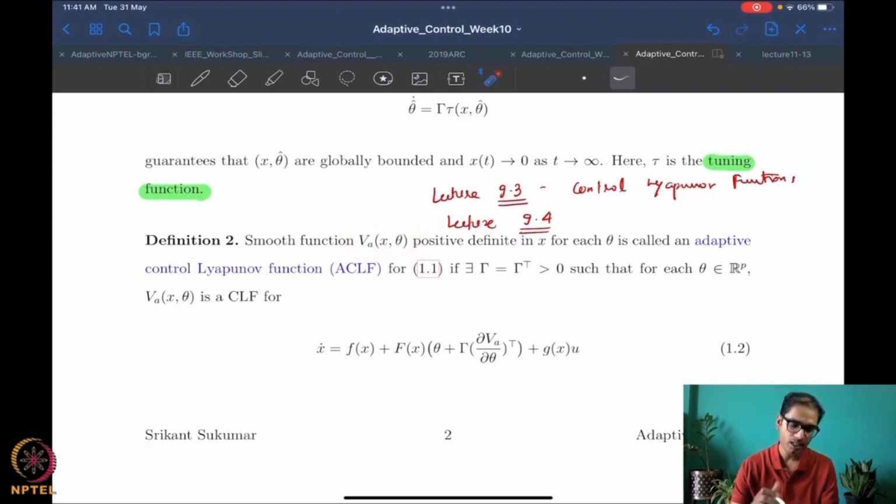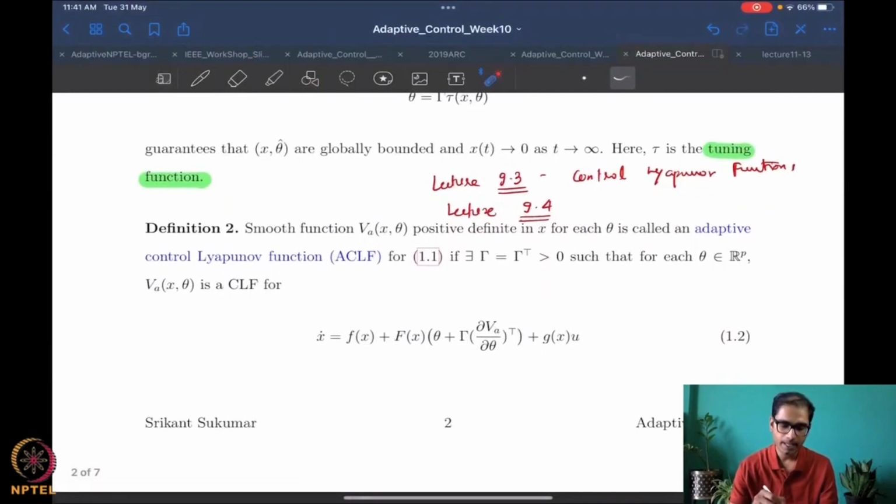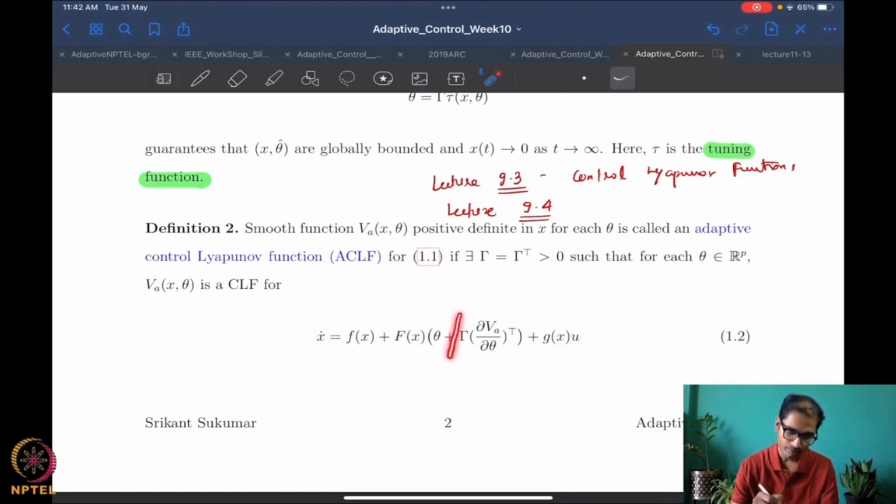Essentially, a function VA is called an adaptive CLF for this system if there exists some positive definite gain gamma, such that for every theta, which is a vector in R^p, VA is a CLF for this modified system. What is the modification? This term. We'll see the reason why this modification and not any other.